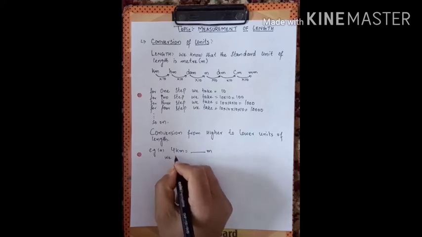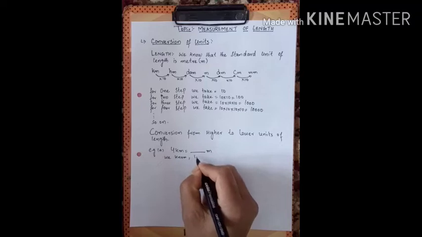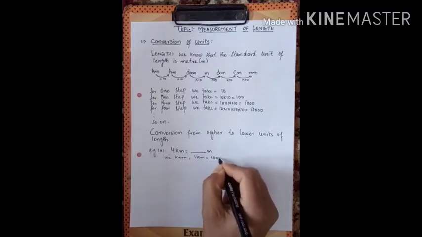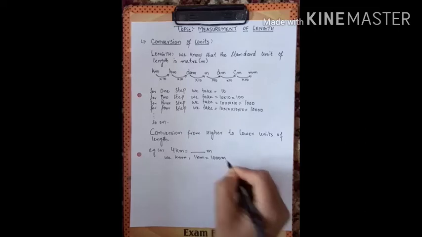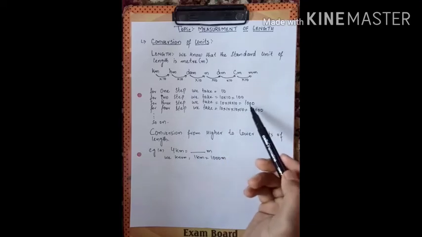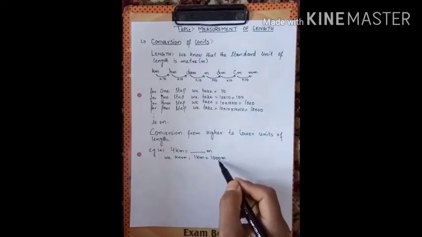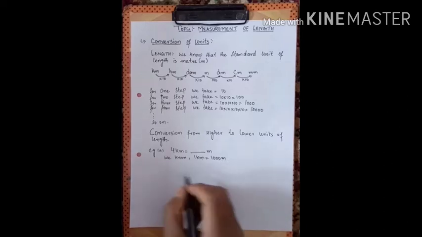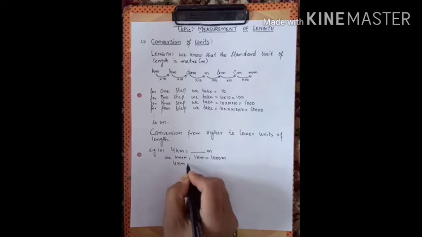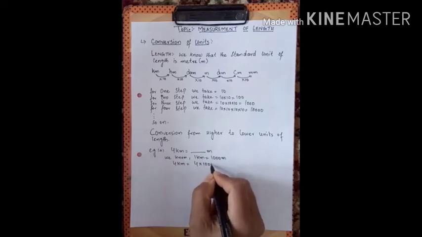I write a relation. First we know 1 kilometer is equal to 1000 meter, because for three steps we take 1000. So 4 kilometer is equal to 4 into 1000.